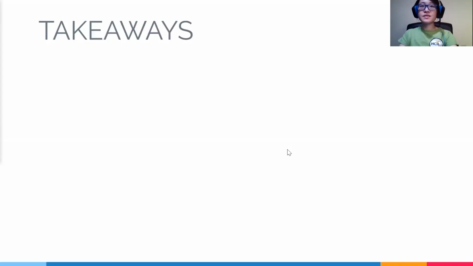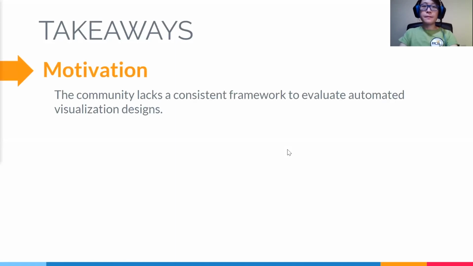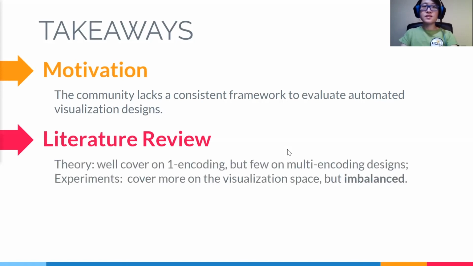So let me summarize the three main takeaways from this talk. The community lacks a consistent framework to evaluate automated visualization designs. Thus, we conducted a literature review to learn the community's progress towards a complete framework to compare the quality of different visualization designs. We find that theory papers cover well on one encoding, but few on multi-encoding visualization designs.